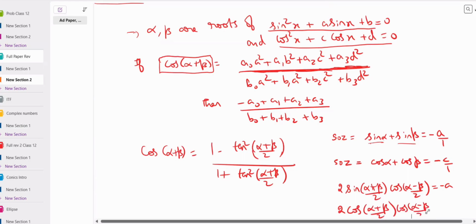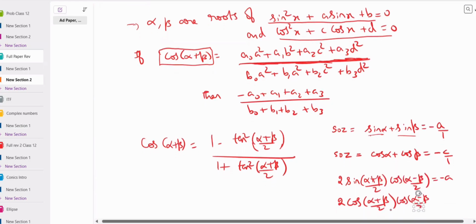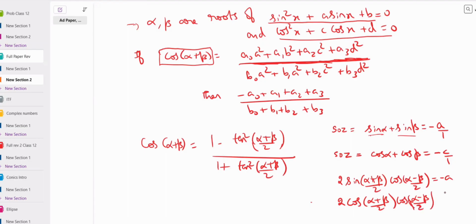Can we also say sin α sin β equals b and cos α cos β equals c, from the product of zeros? Yes. When you divide these two expressions, the 2 cancels off and you get a/c on the right-hand side.